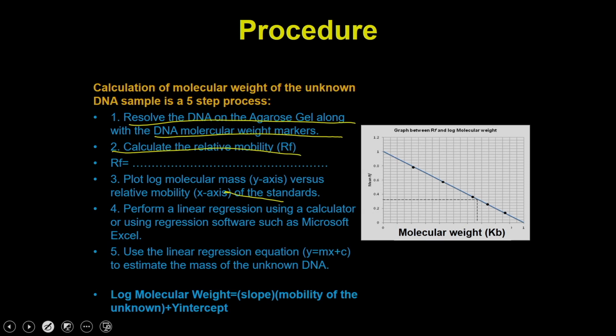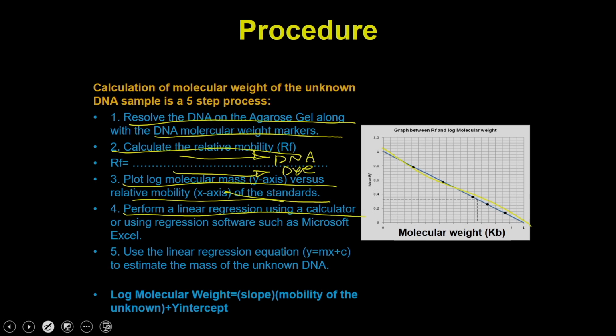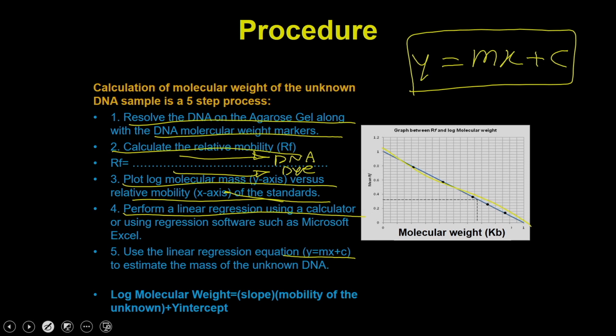Then you calculate the relative RF values with the help of the migration of the DNA versus the migration of the tracking dye, and then you plot the log molecular weight versus relative RF value. That is going to give you a standard curve. Then you perform a linear regression to calculate the equation, and that equation is going to be in the form of y equal to mx plus c.